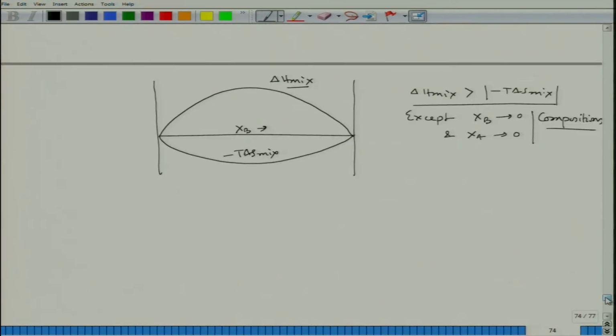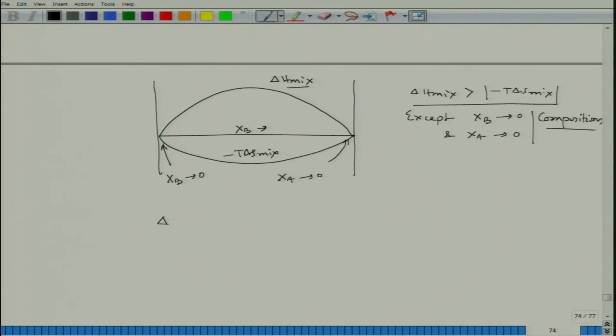Now, if I try to see the slope of this line at x_A tends to 0 and here x_B tends to 0, it would lead to some exciting situation.